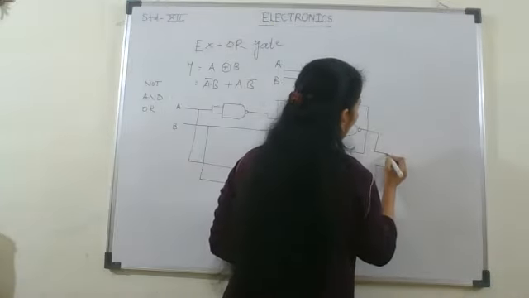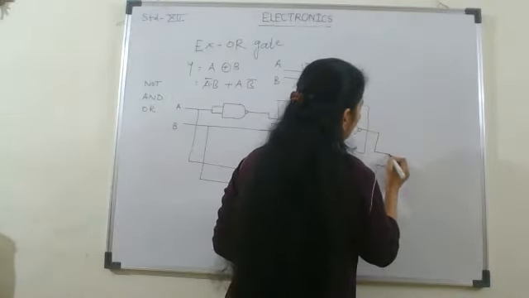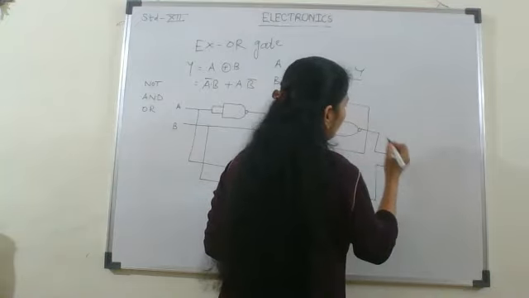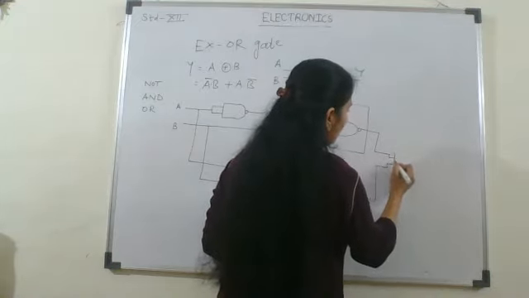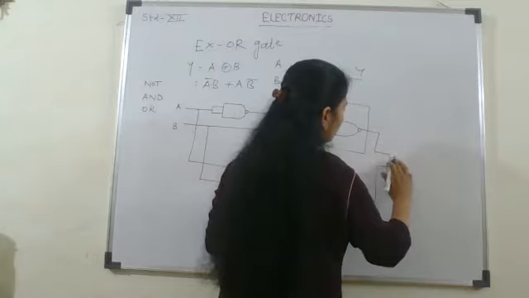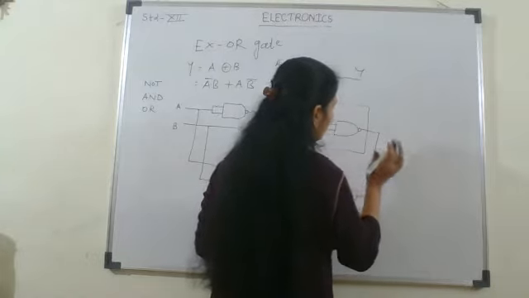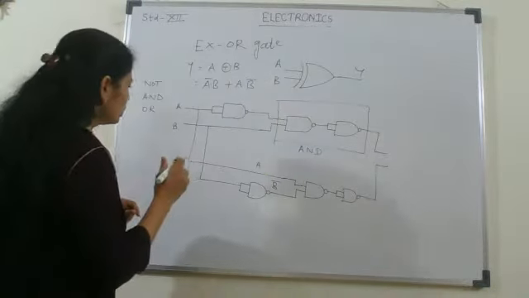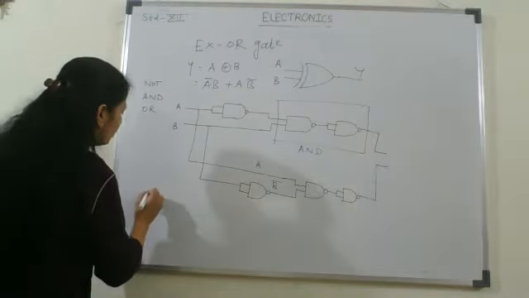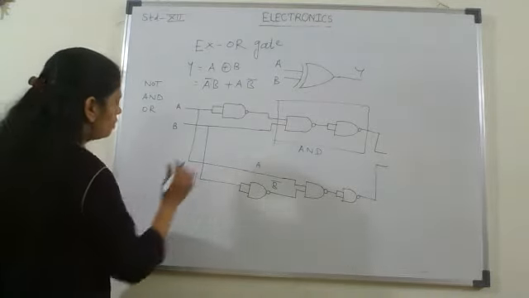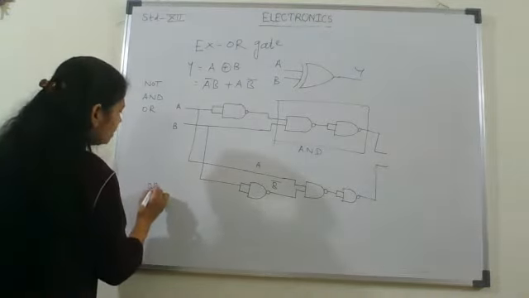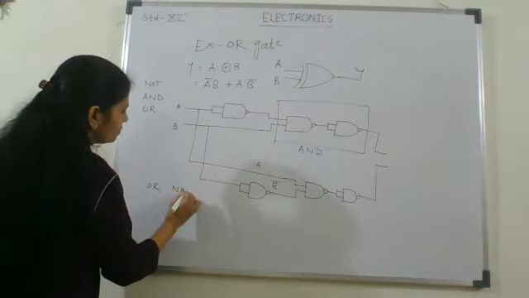First of all, we want one NOT gate. NOT gate means bubble. As we remember the De Morgan's theorem, in that De Morgan's theorem, we want an OR gate using NAND gate.